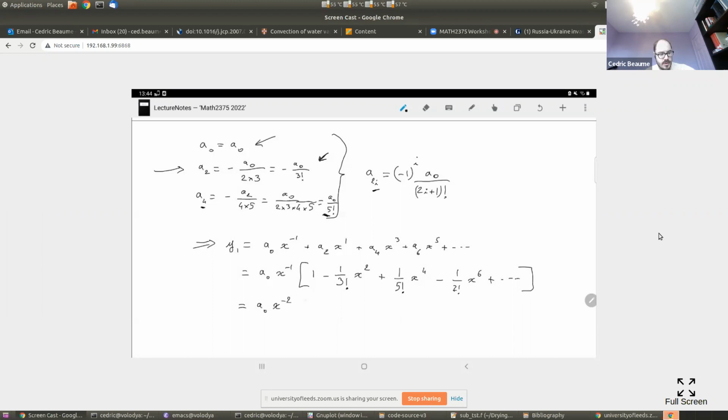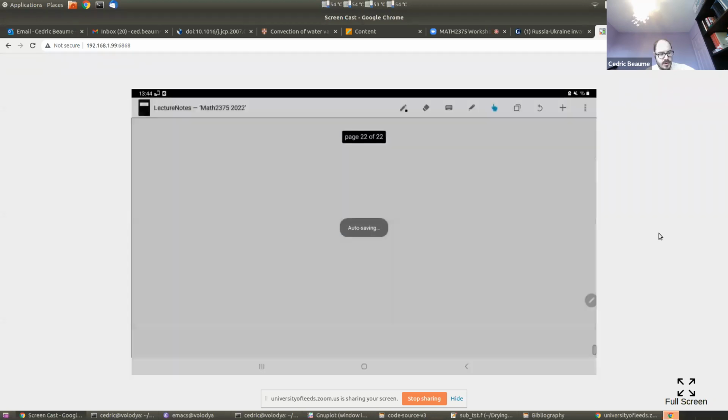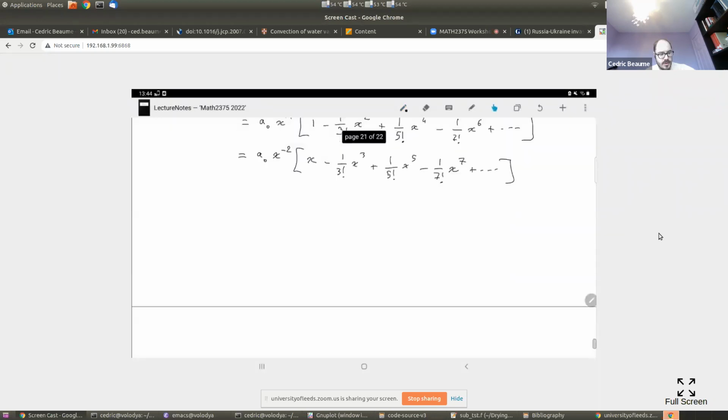a0 x to the minus 2. And that makes an x come in here. And then we get minus 1 over 3 factorial x cubed plus 1 over 5 factorial x to the 5 minus 1 over 7 factorial x to the 7, etc. Okay? And there we see something that should immediately spring to your mind.